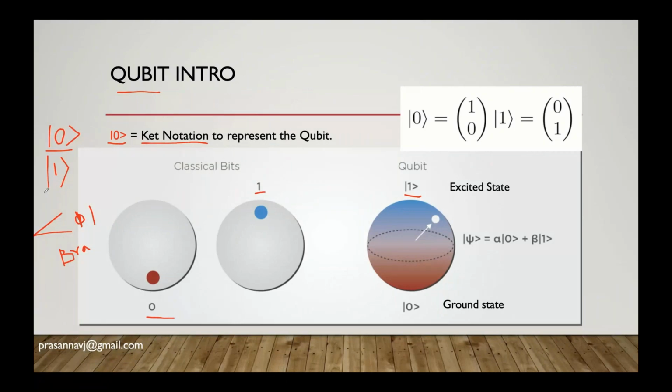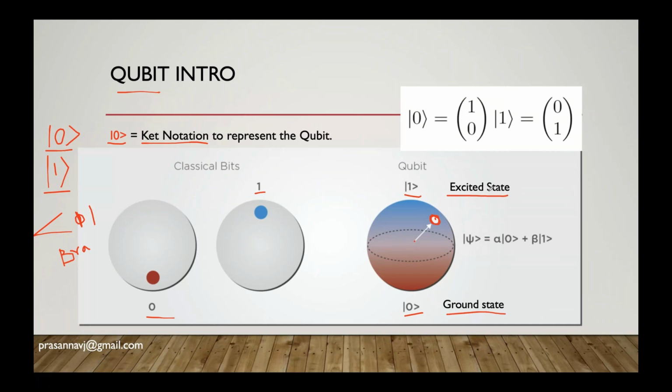Now these qubits, as we said, are in a superposition state. Assuming you have a qubit at a particular state, if this qubit reaches the 1 ket, that is called the excited state.